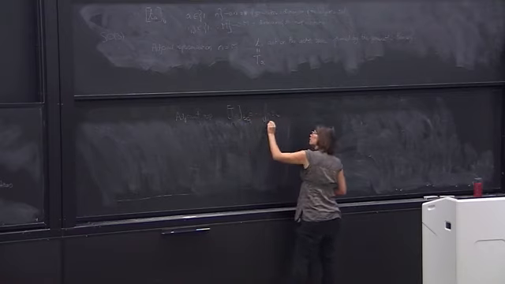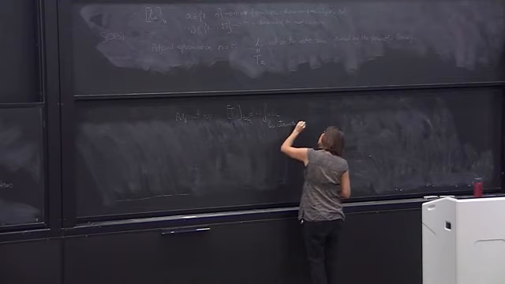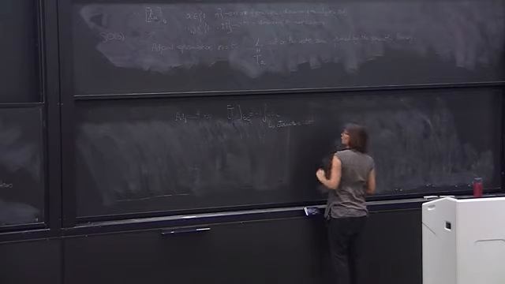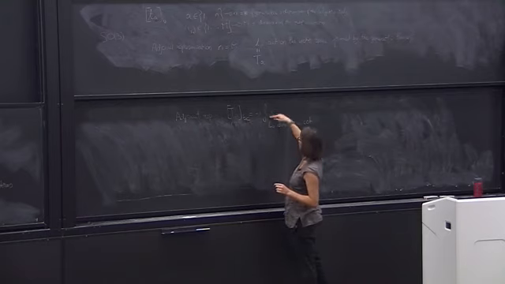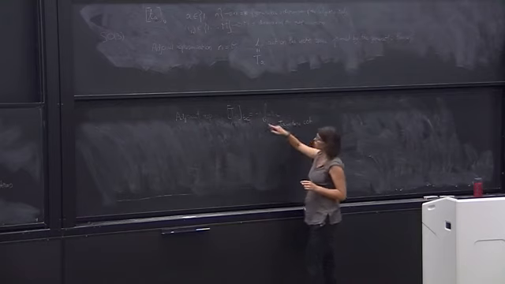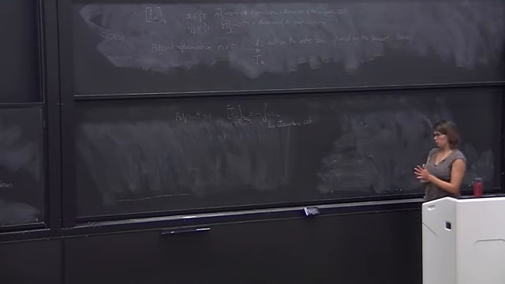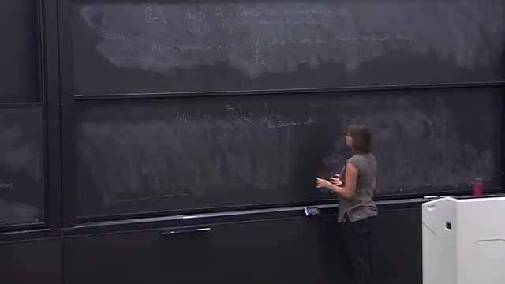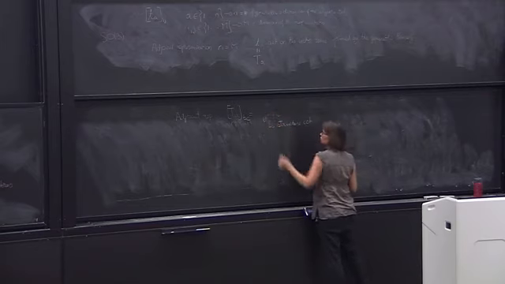Where these are the structure constants. The matrix elements of your generators are given by this, and we add this factor just because I want to have Hermitian operators, but it's just a convention, okay?